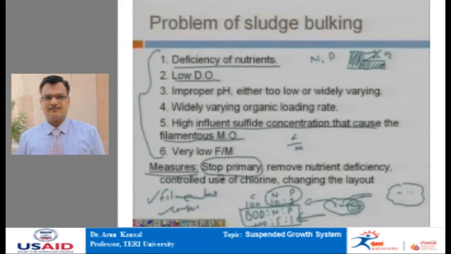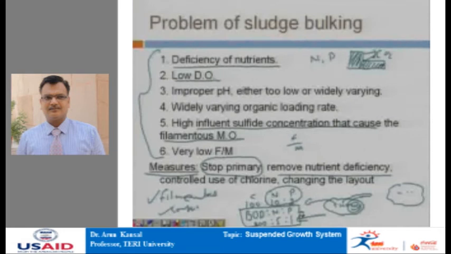If the cause of sludge bulking is detected as nutrient deficiency, one should always constantly monitor the incoming BOD, nitrogen and phosphorus values. If the ratio of BOD to nitrogen to phosphorus is in the range of 100:5:1, then there is no problem.